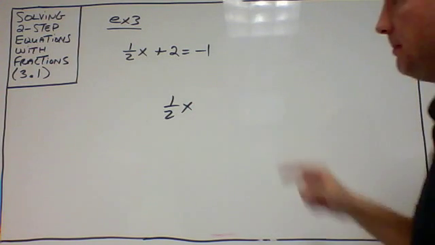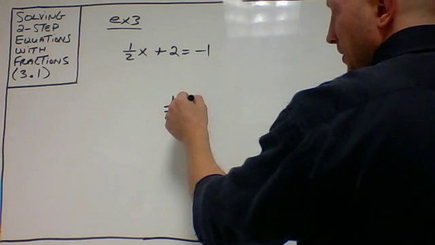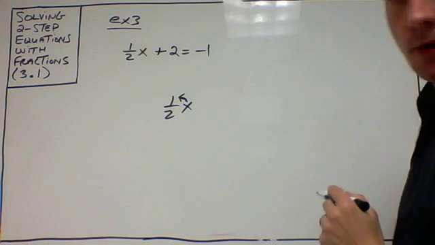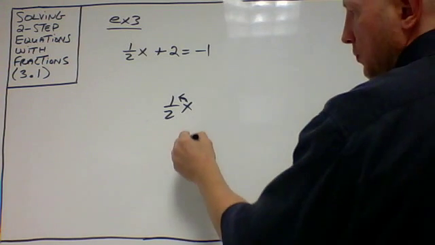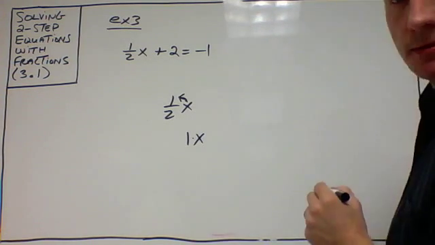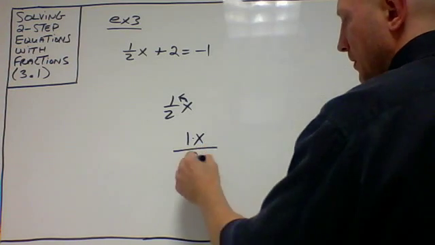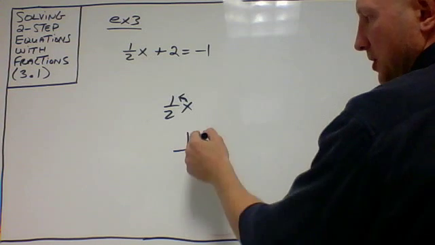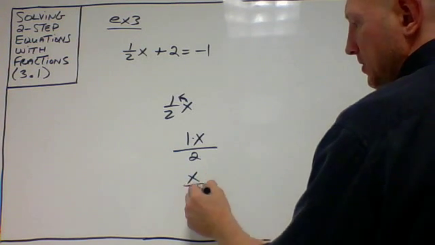But really what that means is that that variable, if I wanted to rewrite this, it can be rewritten in the numerator. So I can write this as 1 times x over that denominator, and then 1 times anything is just itself, so that can be x over 2.